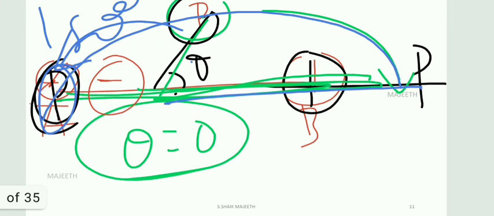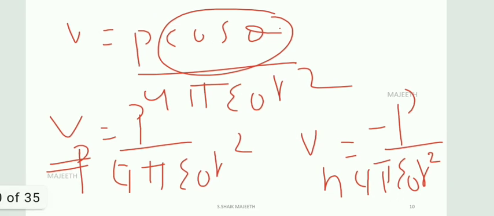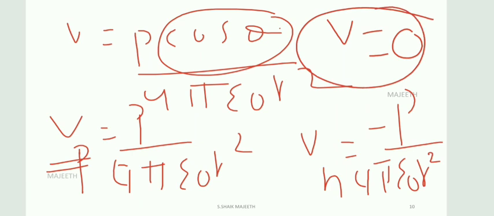Suppose instead of here or here, it is located exactly perpendicular at this point P. What happens? Theta becomes 90 degree. If it is located perpendicular, theta is 90, what happened to V? Cos 90 is 0. So potential becomes 0.